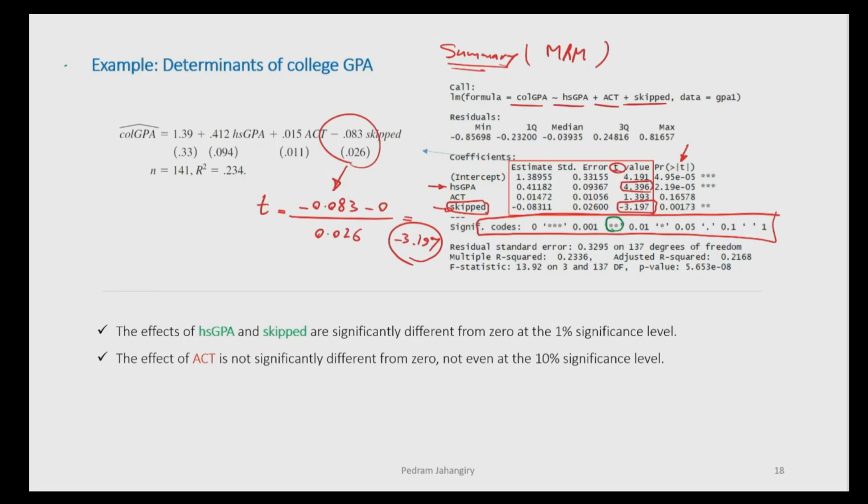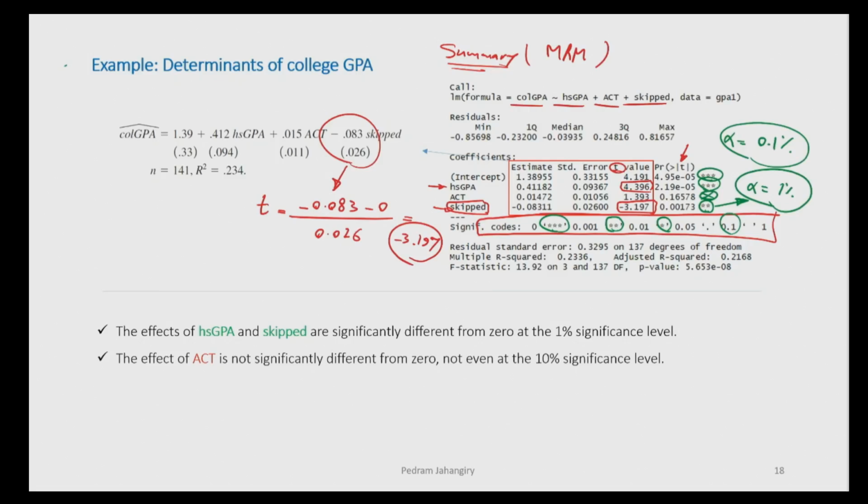Okay, so 3 stars means that it is significant at 0.001, so it's 0.1%. 2 stars means significance at 1%, 1 star significance at 5%, 1 dot significance at 10%, and etc. Right? So for instance, if you see 3 stars, it's super significant. It's significant at alpha equal to 0.1%. This is not significant. This is significant. There are 2 stars, alpha at 1%.